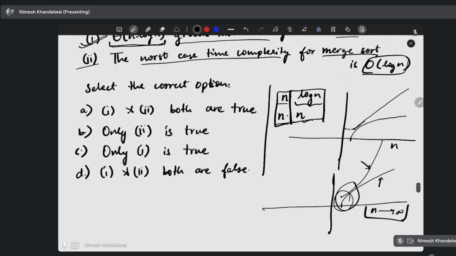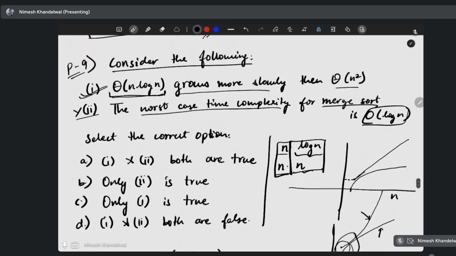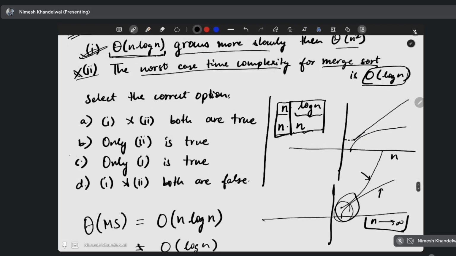But we know, like in the lecture notes you have seen, that the worst case time complexity of merge sort is n log n, and it's not log n. So the second argument is false, right? So basically first is true and second is false, so only one is true. So option C is correct.